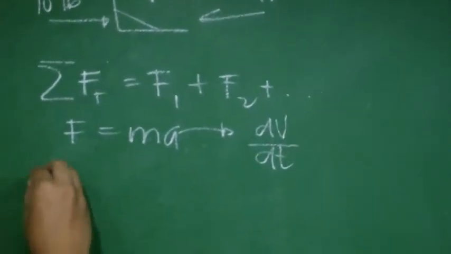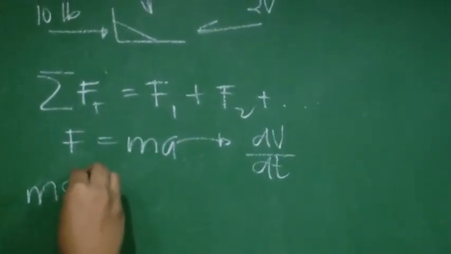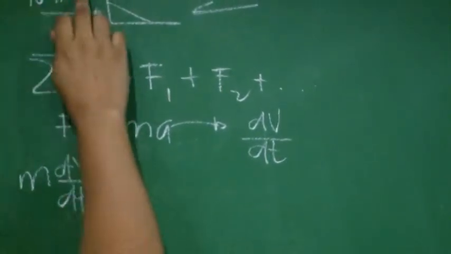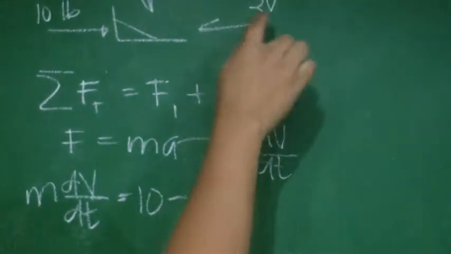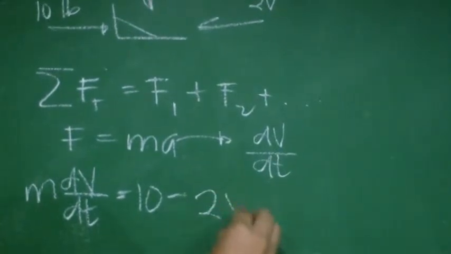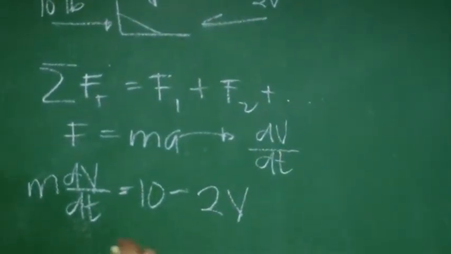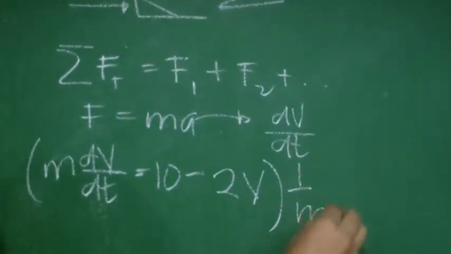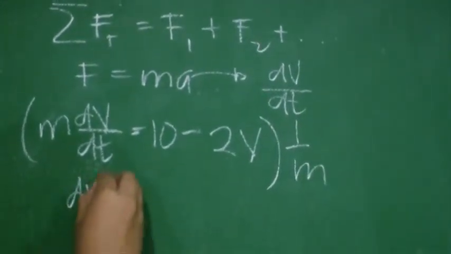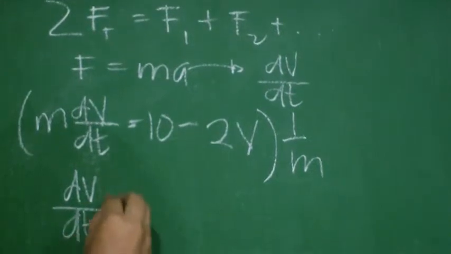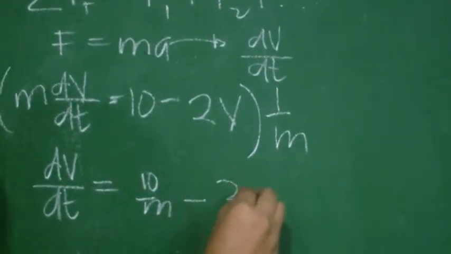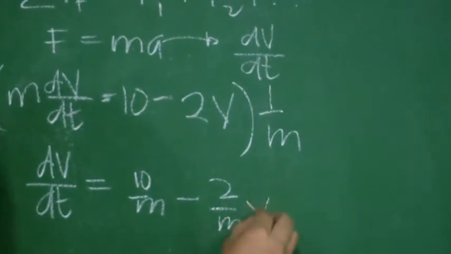So, we have mass times change in velocity over change in time is equals to 10 minus the air resistance and the friction, 2v. From this, we multiply both sides by 1 over m. We have dv over dt is equals to 10 over m minus 2 over m times v.